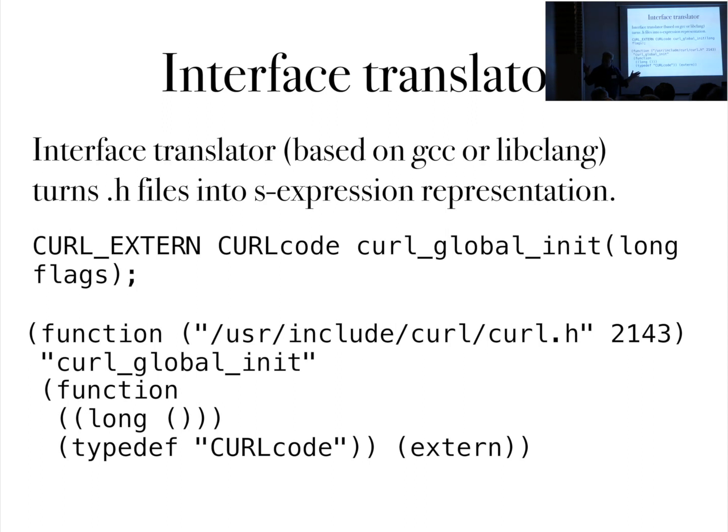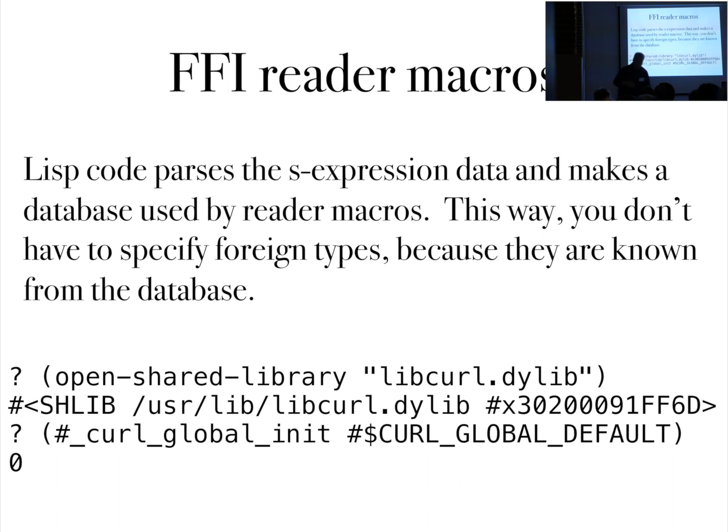And I want to give a shout out here to a volunteer contributor. His name's Bo Yao, and he worked on figuring out how libclang works. So thanks to him. If you're out there, thank you very much. And it produces this S-expression-based representation of the C declaration. So with that in hand, there's Lisp code that reads that and writes this little database that tells the Lisp, hey, these are the types and sizes that these foreign functions need.